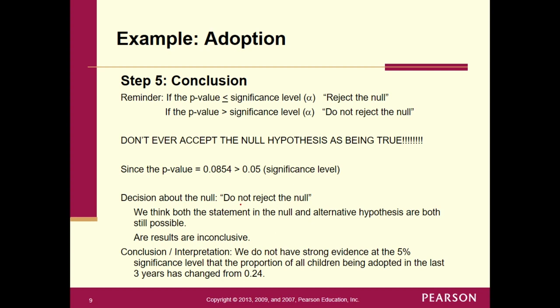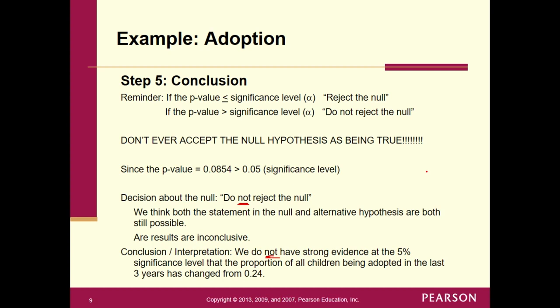When you do not reject the null hypothesis, you say in the conclusion: we do not have, the nots go together, strong evidence, sufficient evidence, statistically significant evidence. At the 5% significance level, the proportion of all children being adopted in the last 3 years has changed from 0.24. So it's still about the alternative hypothesis, the conclusion.